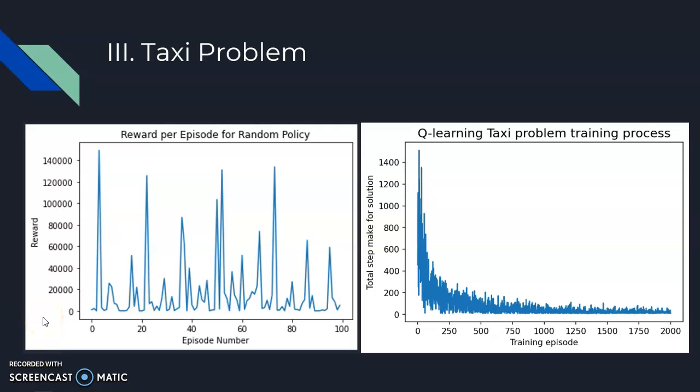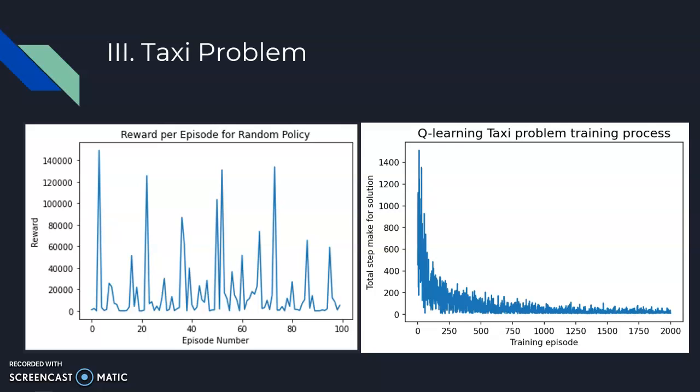When we compare the two solution methods, we can see that the Q-learning approach is far more efficient, because when the program is run without the reinforcement learning algorithm, it takes a lot of steps and causes a lot of penalties.